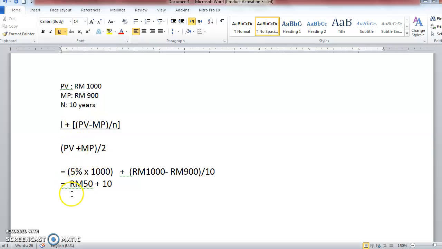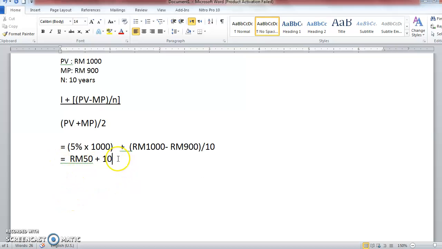So apa yang berlaku kemudiannya di sini, you kena divide the whole thing dengan par value. Par value 1000 plus market price given is 900 divide by 2. Bahagi 2.